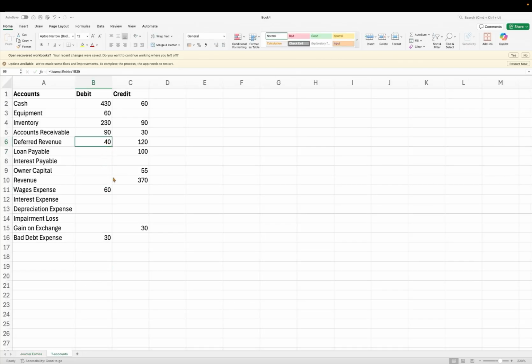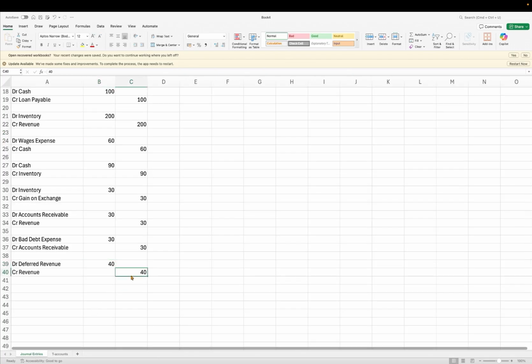So deferred revenue represents a liability because the company received payment in advance for services not yet delivered. So part of that obligation is fulfilled because 1 month of service has been completed. Liabilities decrease with debits.